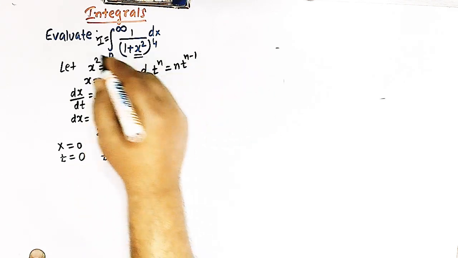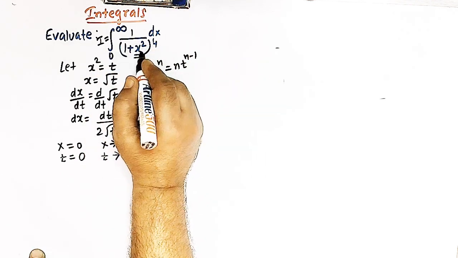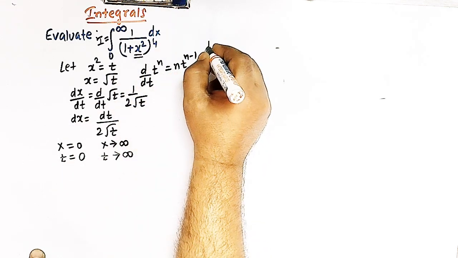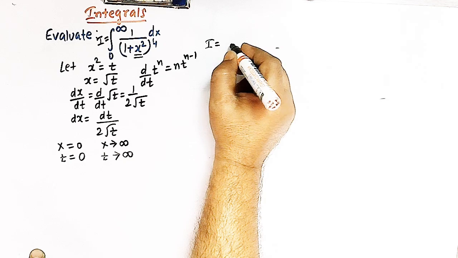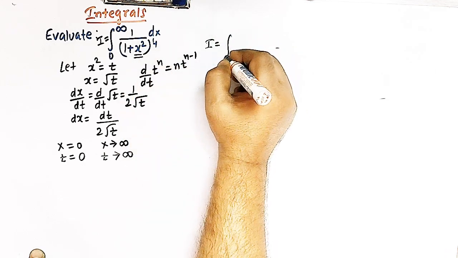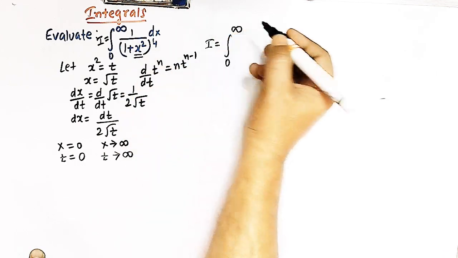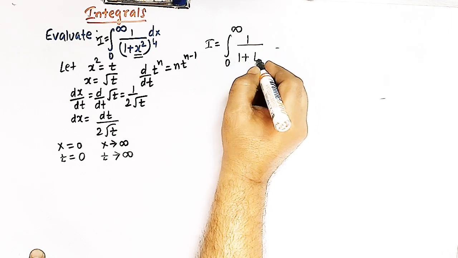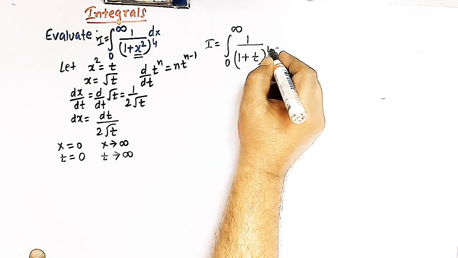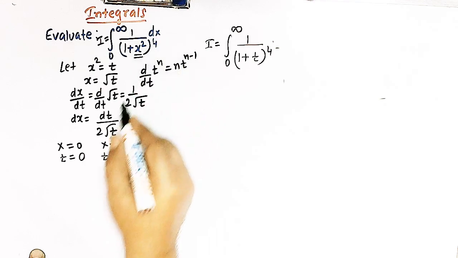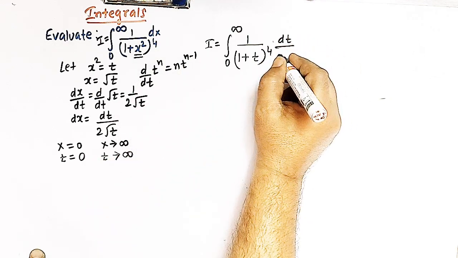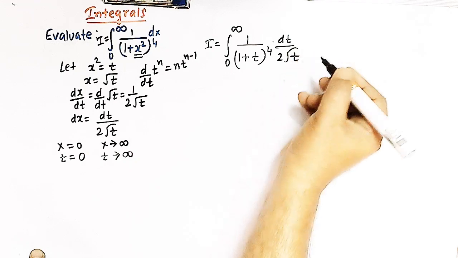Now let us change this integral into the terms of t. We have this integral in terms of t as 0 to infinity, 1 over (1 plus t) raised to 4, and for dx we can now write dt divided by 2 times square root of t.